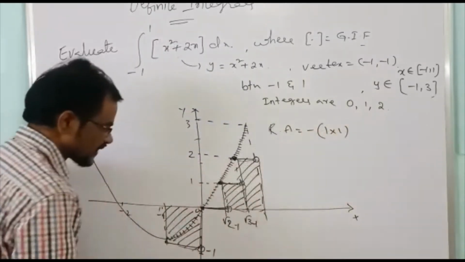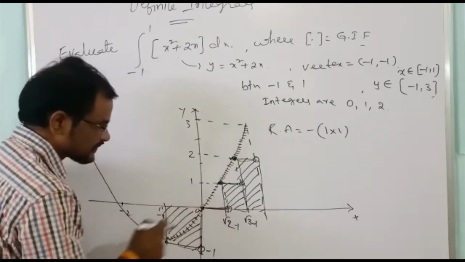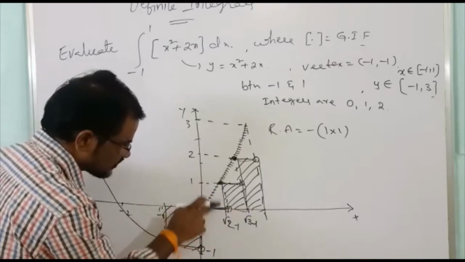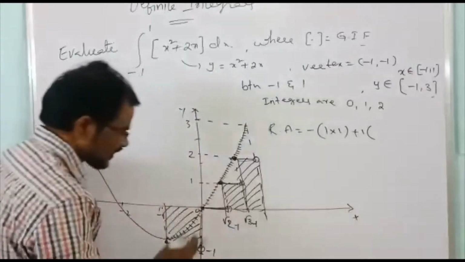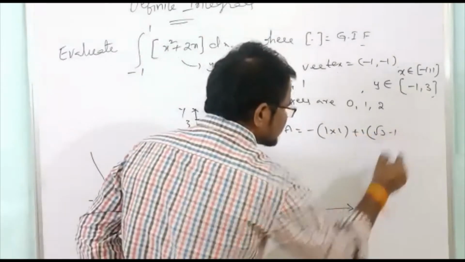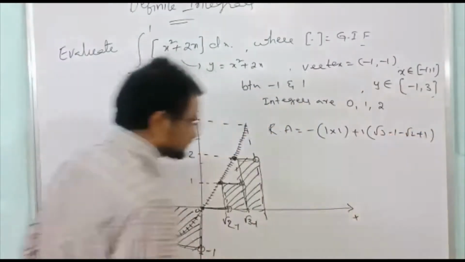Here to here the functional value is 0 only, so we won't get any area. Here the height is 1, so plus 1 into the breadth, root 3 minus 1 minus root 2 plus 1.